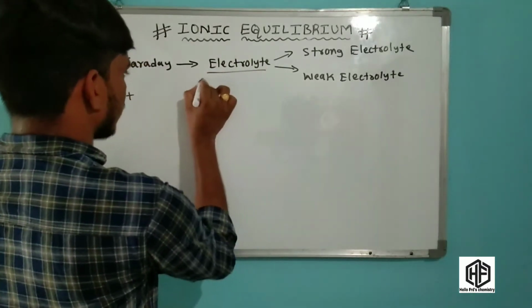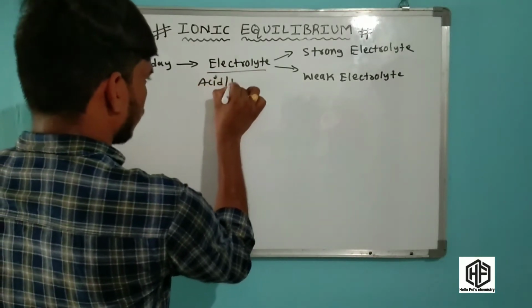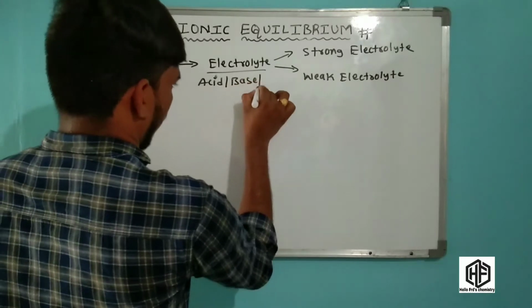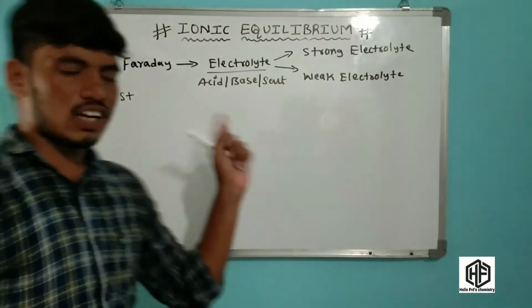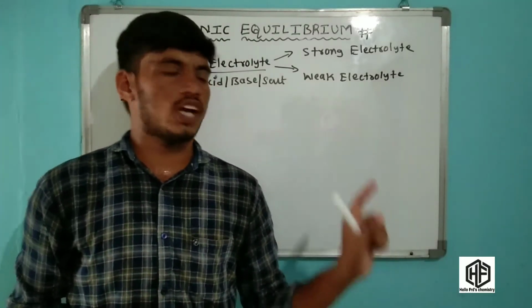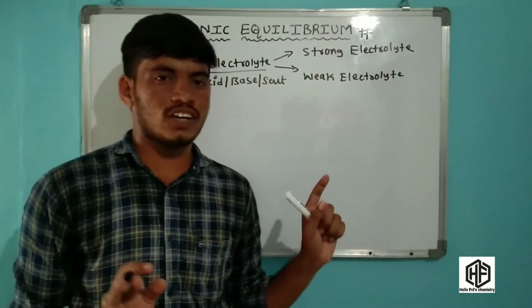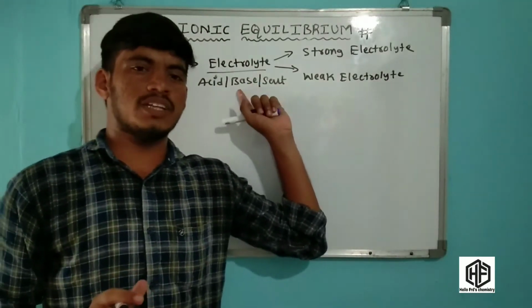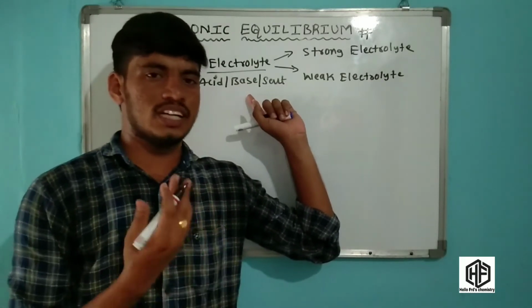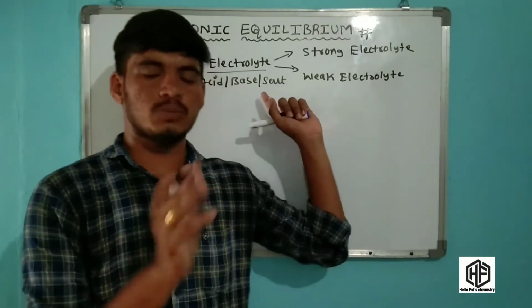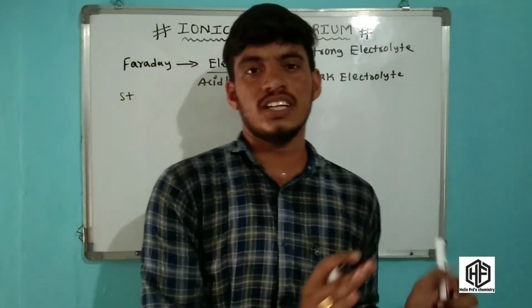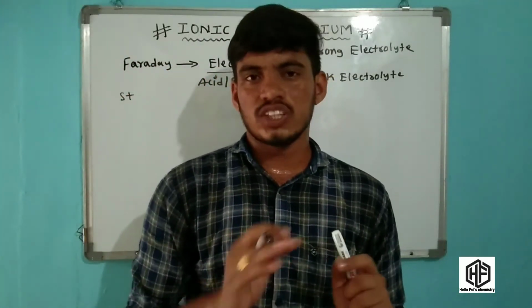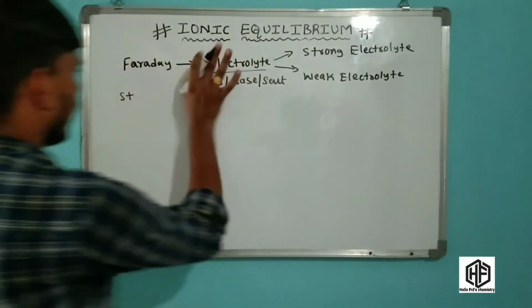Examples of electrolytes are acids, bases and salts. Acids are electrolytes, bases are also electrolytes, and salts are also electrolytes, because ions are present in acids, in bases, and in salts. Ions present in any compound make it an electrolyte.